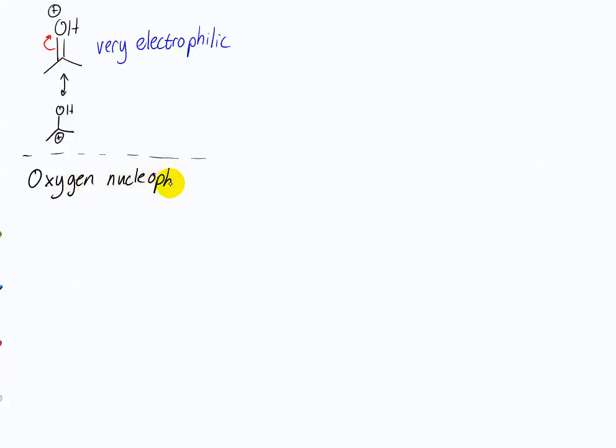We'll first talk about what happens when you do this with oxygen nucleophiles. That's basically what we just saw. So if you react a ketone or an aldehyde with water, there's an equilibrium that leads to a hydrate formation.